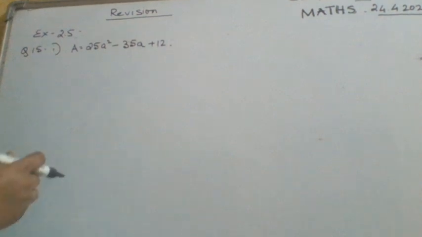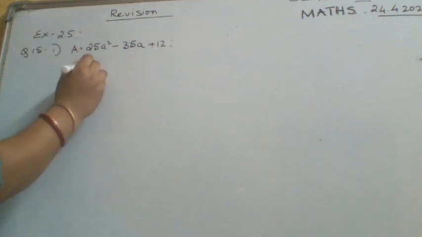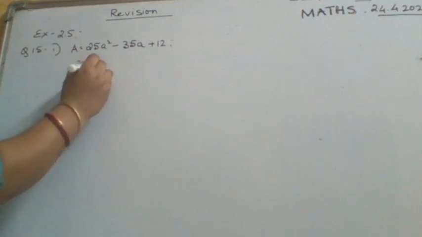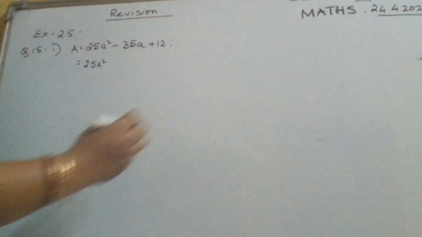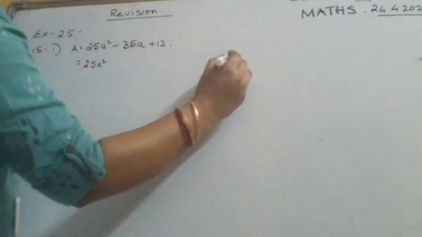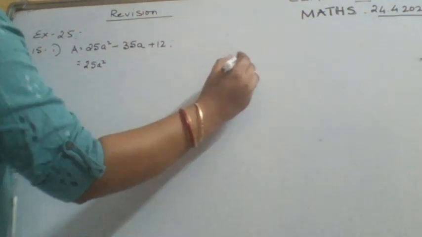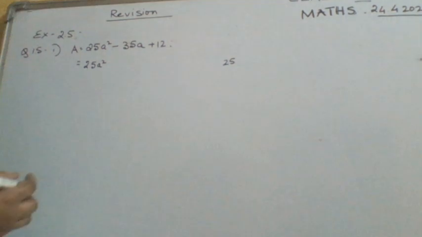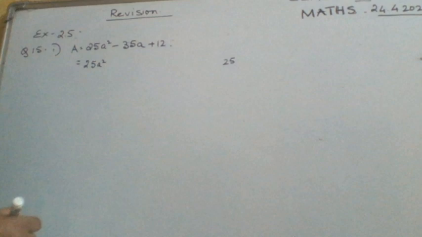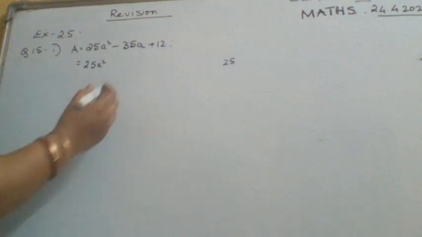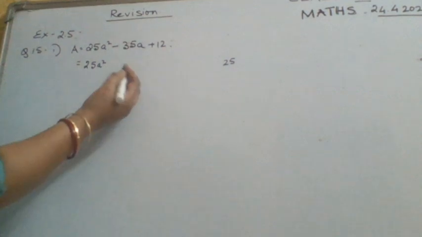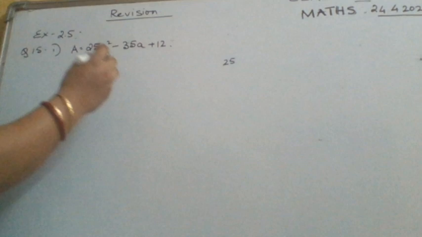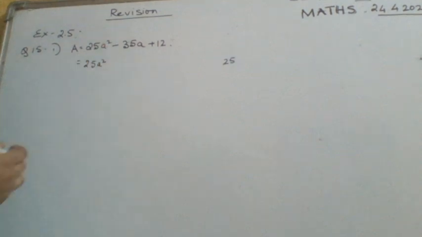If you do middle term splitting, the first term is 25a square and the last term is 12. So 25 into 12, you need to find the product, and from the prime factors you will have to find two numbers such that their sum or subtraction, whatever it is, gives you the middle term, and the product of those two numbers gives the product of the first term and the last term.